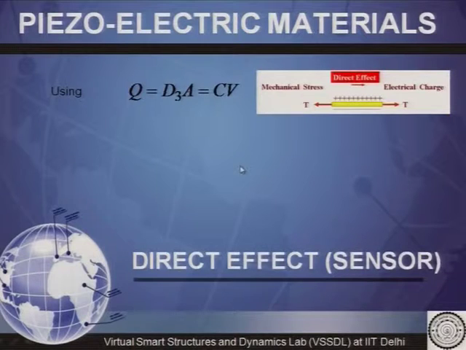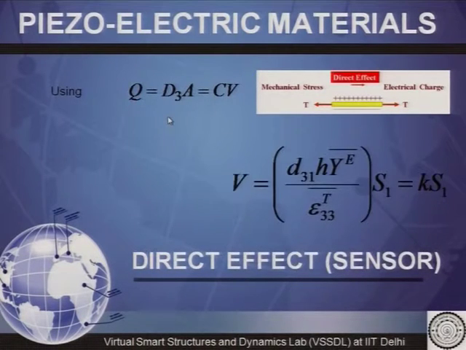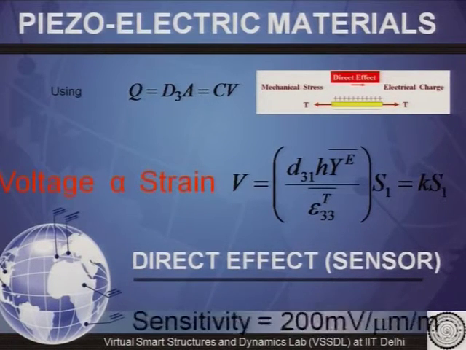So, using the basic relation, the voltage generated by the piezoelectric material is given by this relation in the direct effect. So, voltage is actually directly proportional to the strain. This equation is for the direct effect when the piezoelectric material is used as a sensor.